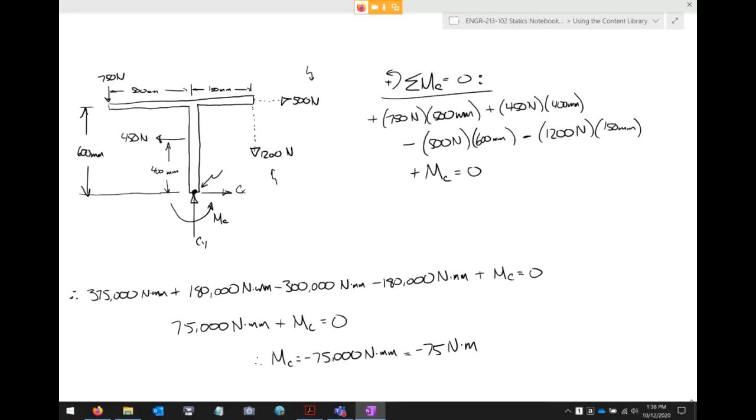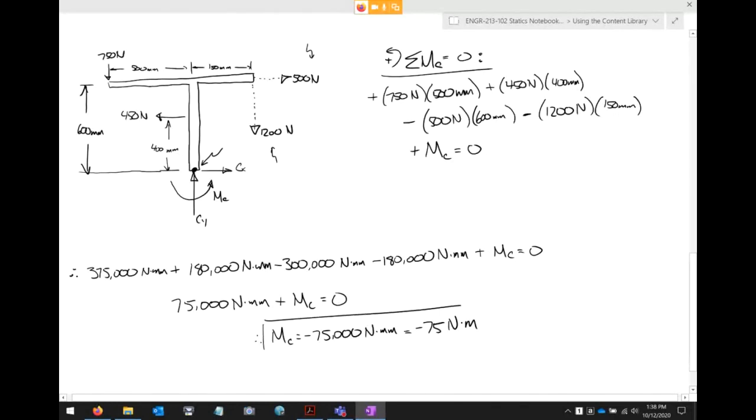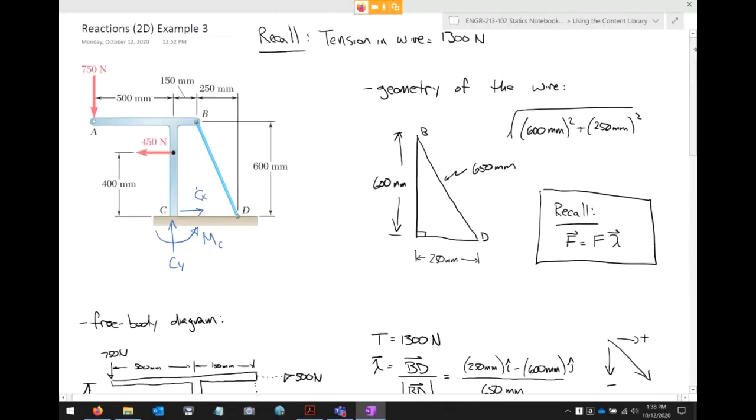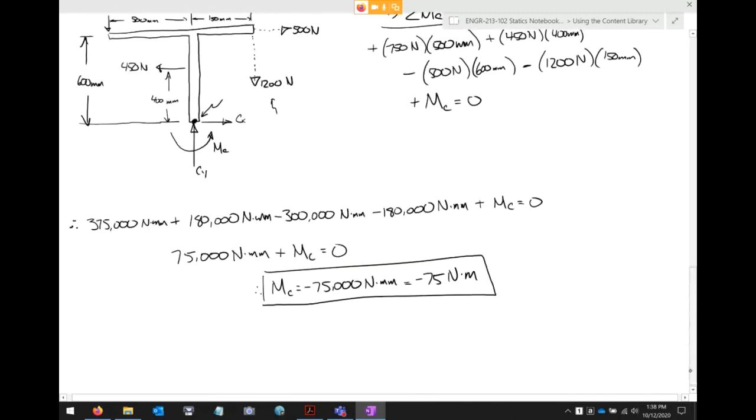Okay, so let's summarize our answers. So what did we get for our three values? Oh man, I went too far. So CX was minus 50, CY was positive 1950, and this is negative 75. So CX is 50 newtons, and what really matters is the direction.